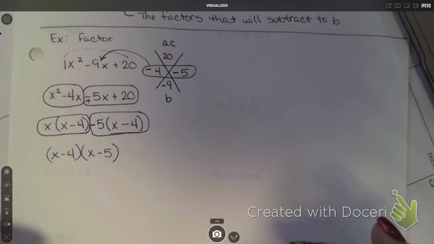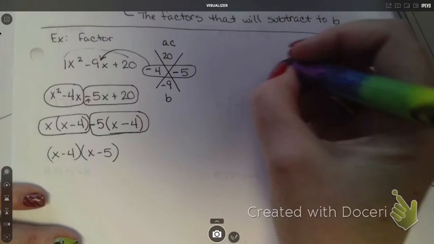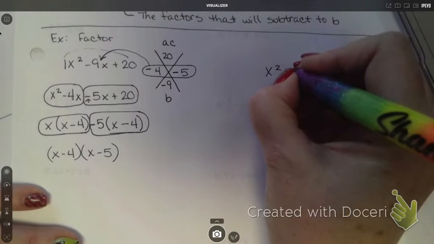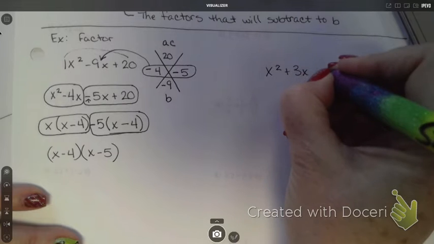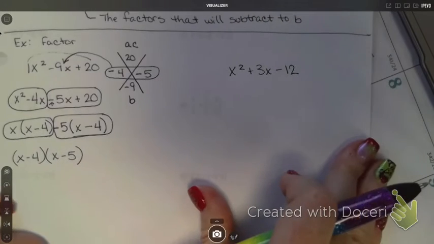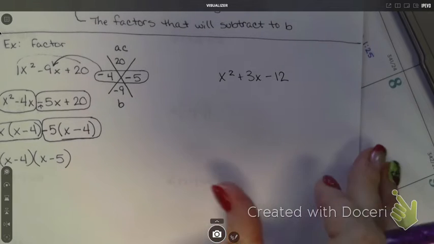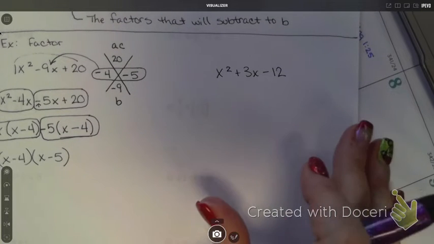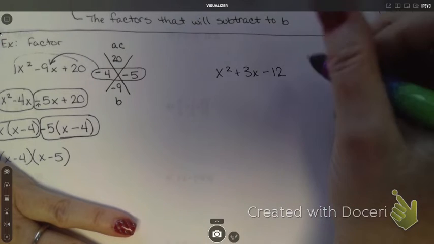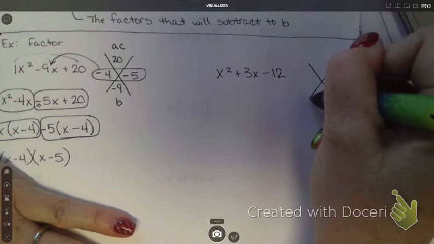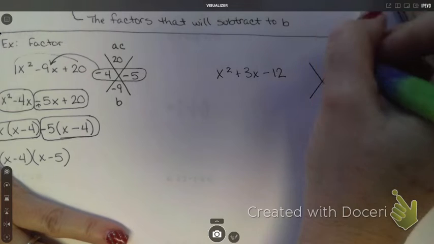Guys, remember doing this now? So x squared plus 3x minus 12. So make your x. What goes on top?